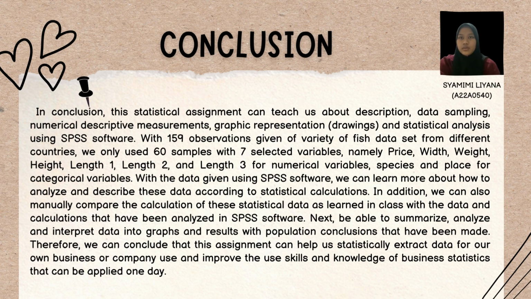With the data given using SPSS software, we can learn more about how to analyze and describe this data according to statistical calculations. In addition, we can also manually compare the calculation of this statistical data as learned in class with the data and calculation that have been analyzed in SPSS software.